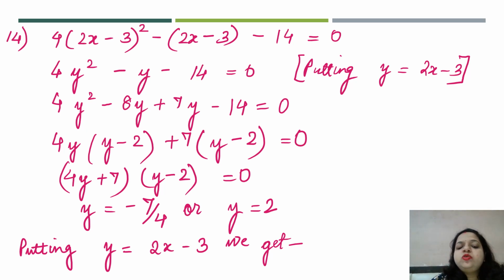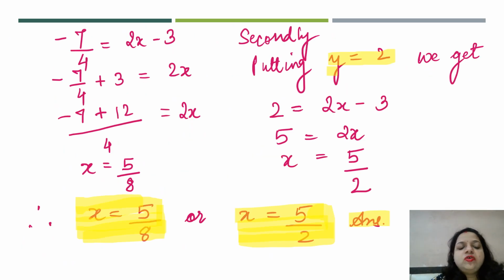Putting y is equal to 2x minus 3, what we get? Okay, we have to find the answer of x, not y. Remember that. You have to continue and find out the answer of x. So minus 7 by 4 is equal to 2x minus 3. So minus 7 by 4 plus 3 is equal to 2x.